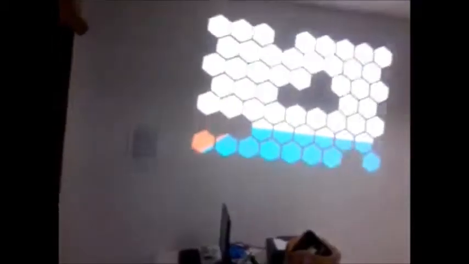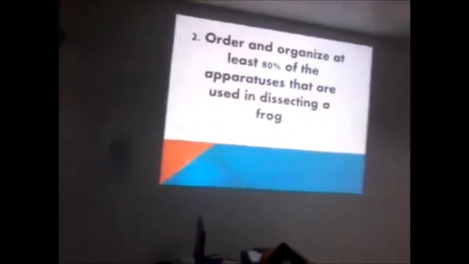Second, to be able to order and organize at least 80% of the apparatuses that are used in dissecting a frog. And third, and the last, to be able to sketch out at least 80% of the anatomy of a frog. So is that clear for all of us?